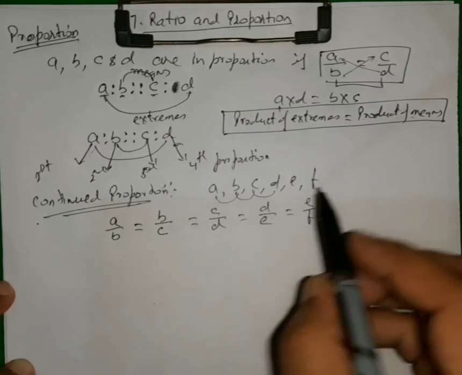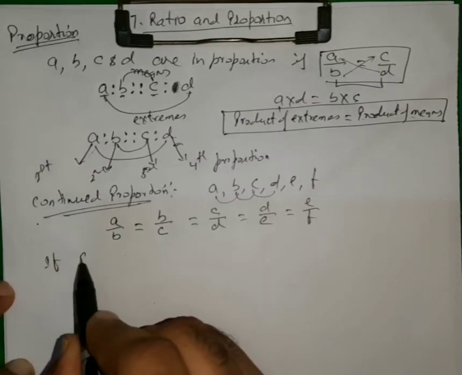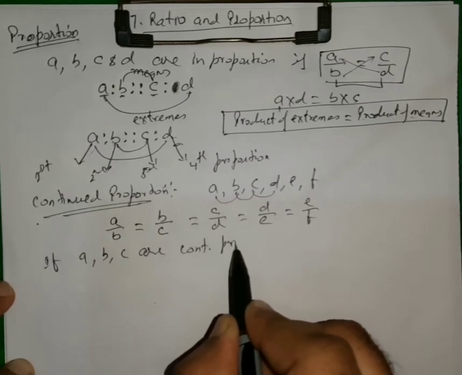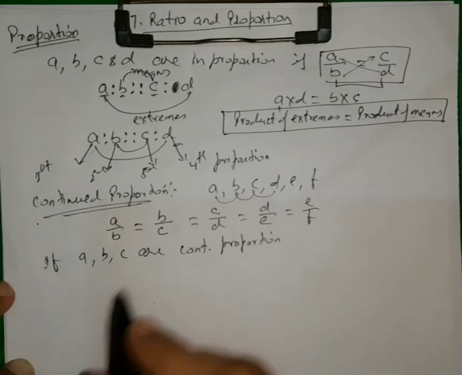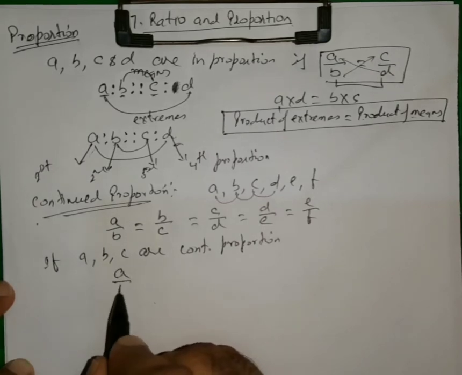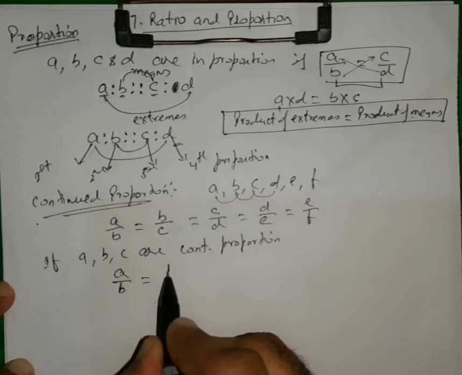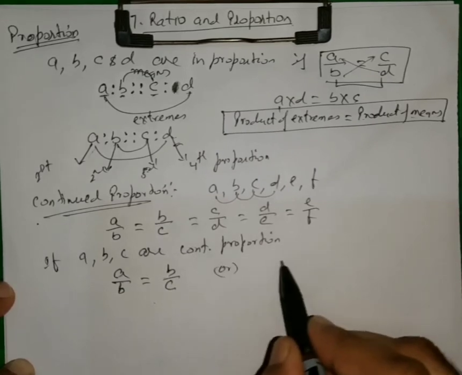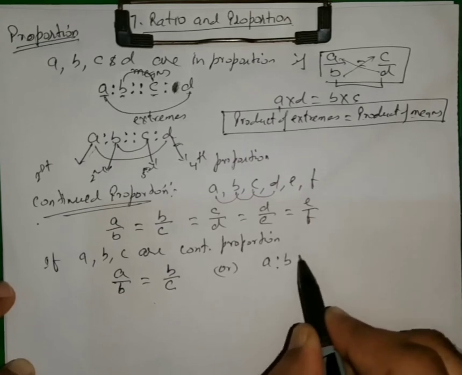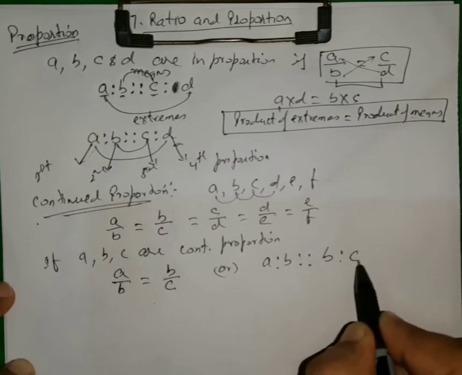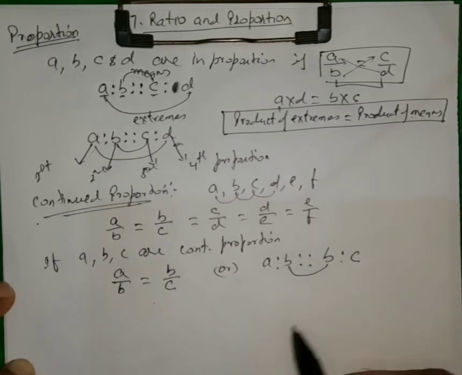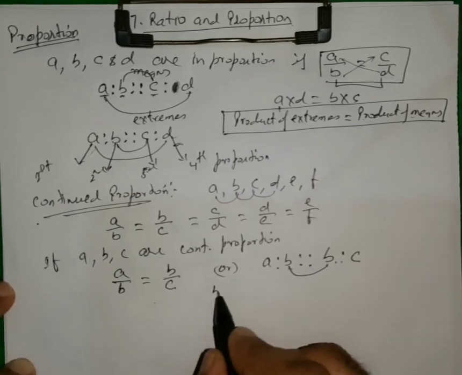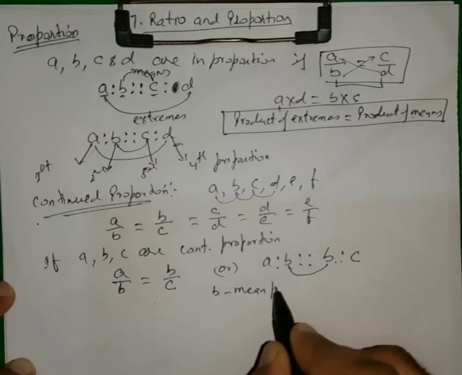Now if we are taking only three terms, if A, B, C are in continued proportion, then it is written as A over B is equal to B over C, or A is to B is to B is to C. Then this B is called the mean proportion between A and C, since B is repeating.